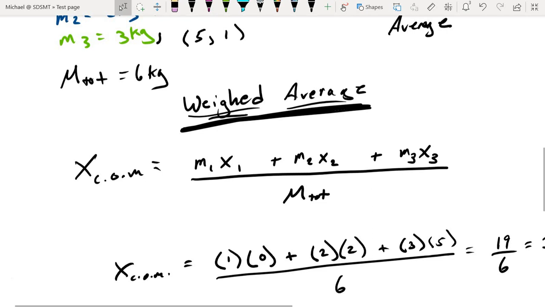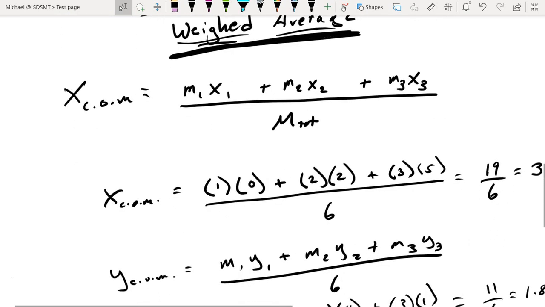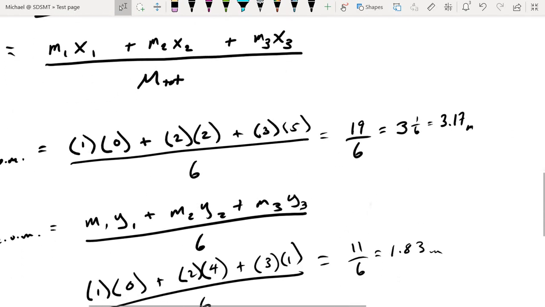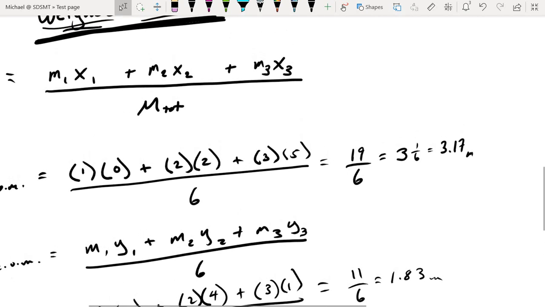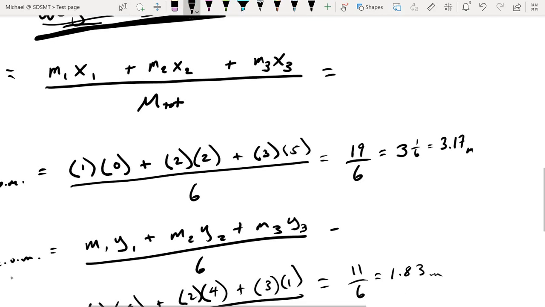So now that we've figured that out, let's take a moment and clean up these two equations that we've made. We want to generalize what we have in these two equations. In the bottom of the equation, the total mass comes from summing up all the masses in the system. So the bottom part can just be represented as a summation of the masses.